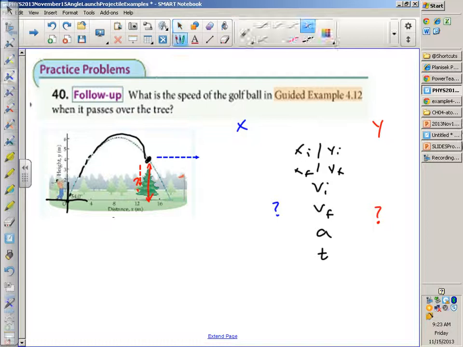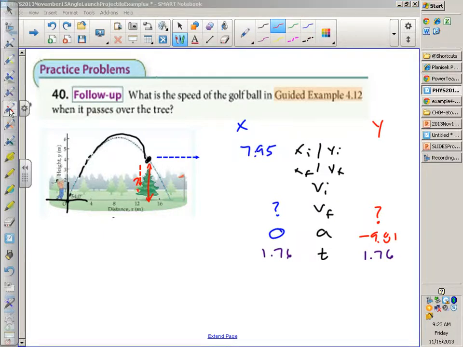So we start plugging things in that we know. First thing, do the accelerations, right? Those can go in right away. Now, a lot of the things that we did in the last problem still apply. For example, we know that the time was 1.76. We know, way back from the first problem, that the initial velocity was 7.95 on the x-axis, positive 11 on the y-axis, right?